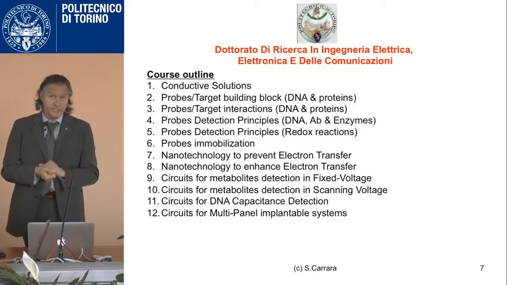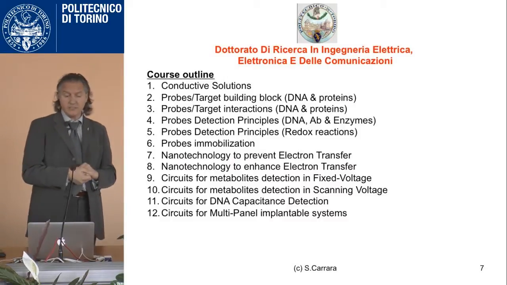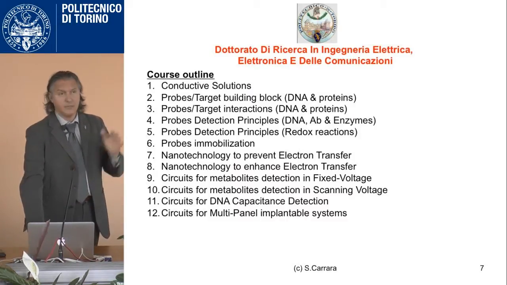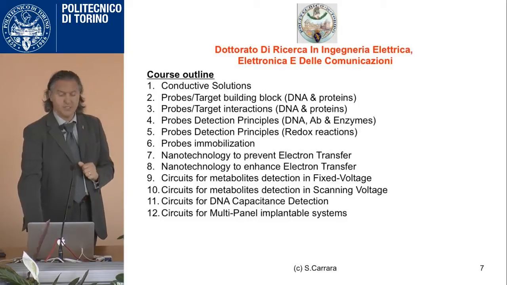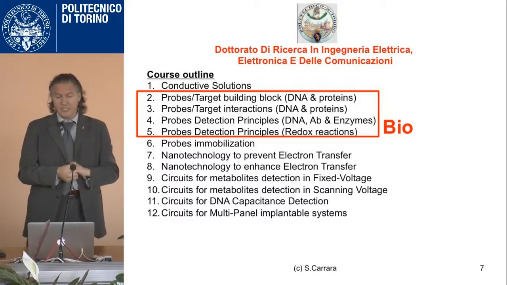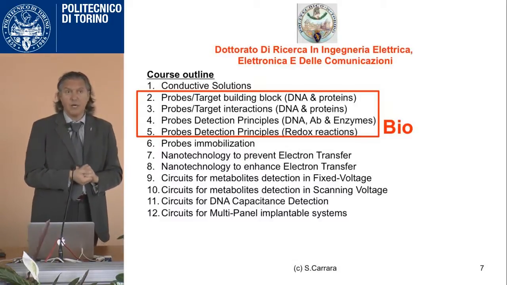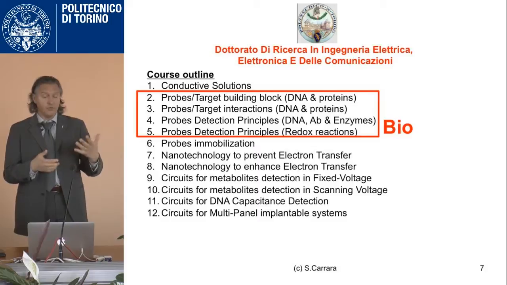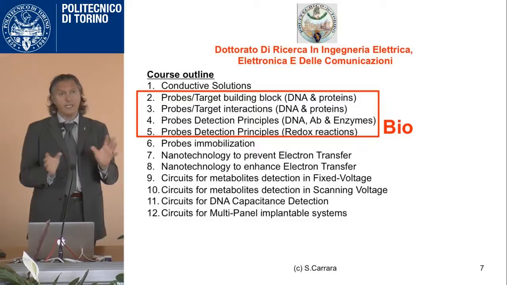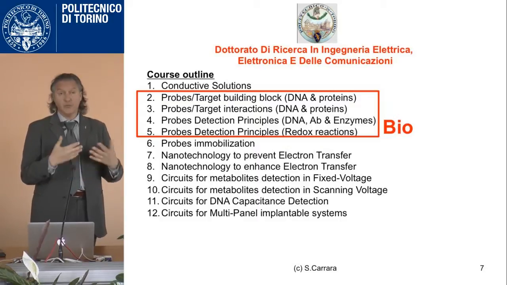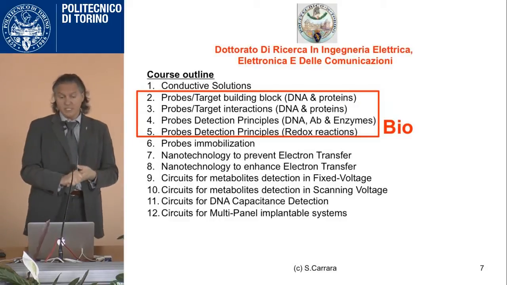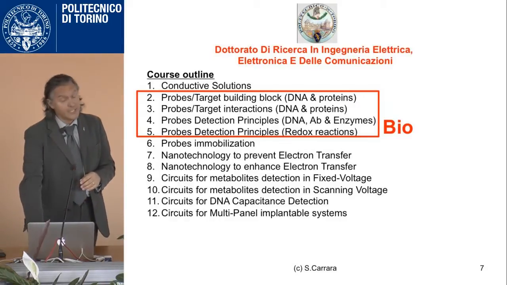The course is then split into several lectures that follow this bio/nano/CMOS divide. We will have a series of 4 lectures on the biological molecules we can typically use to provide specificity, and we will have occasion to see how molecules can provide specific interactions that we can exploit as detection principles in our electronic systems.